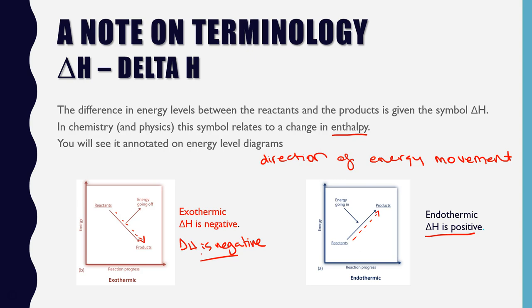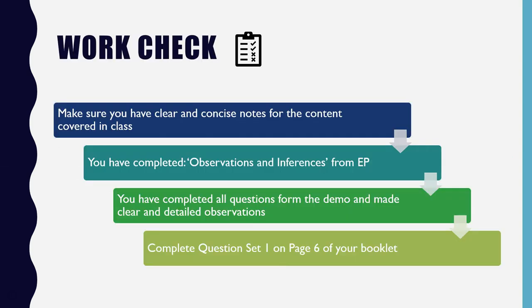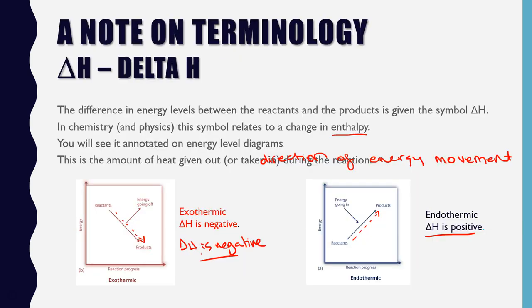When delta H is positive, then the energy is coming into the system. It is gaining energy. Now you should be able to go through and make sure that you have completed all the work that you are set for endothermic and exothermic, and I'll see you in class.